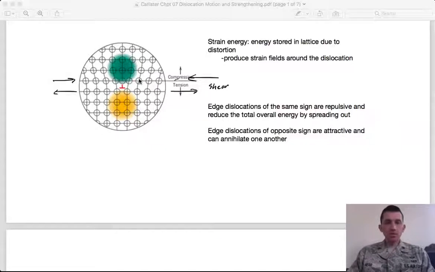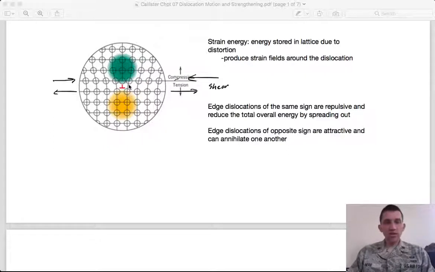Because of this distortion, the material itself can achieve lower energy if these dislocations spread out. If you distort any one particular area of the crystal with one dislocation, that's a certain amount of distortion.